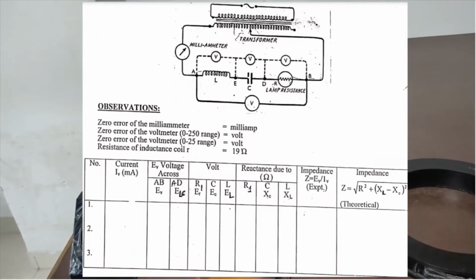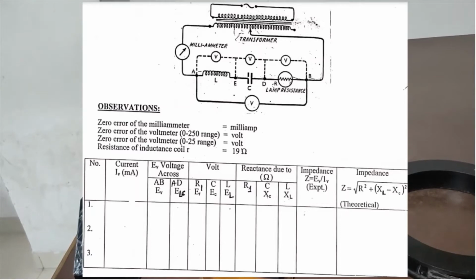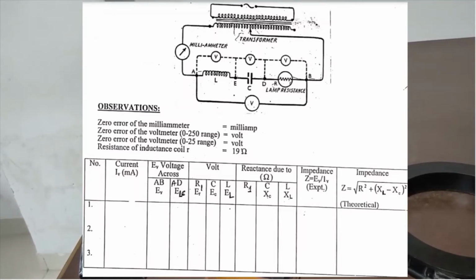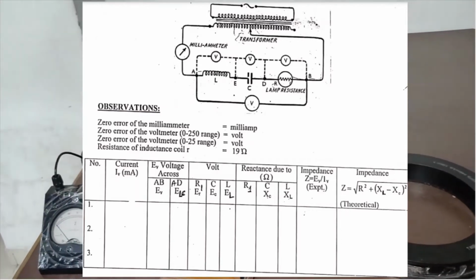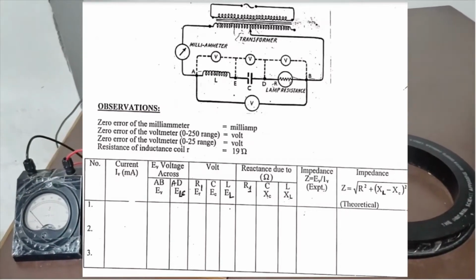So then we have to evaluate the experimental value of impedance from this formula Z equals EV by IV. So then we have to compare our experimental values with the theoretical values of impedance.